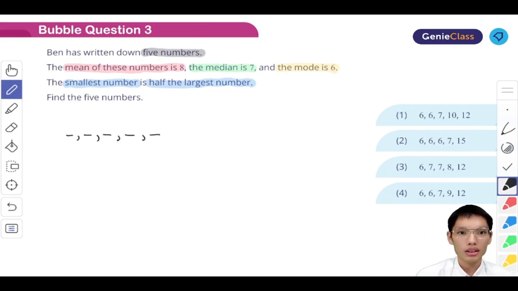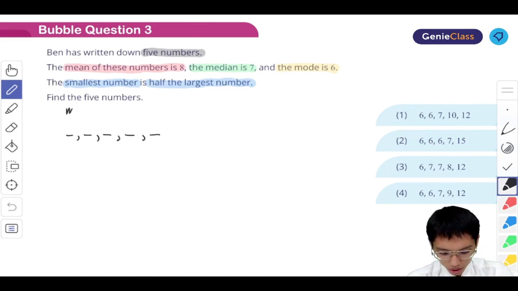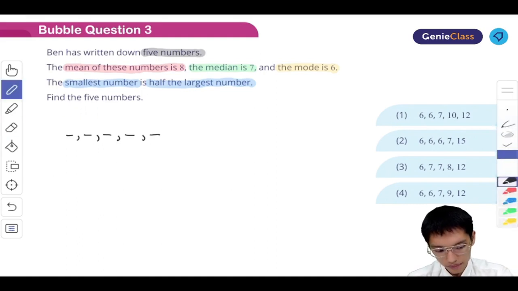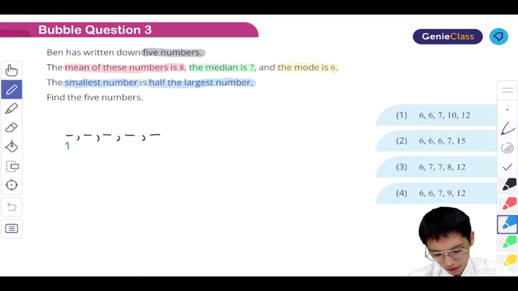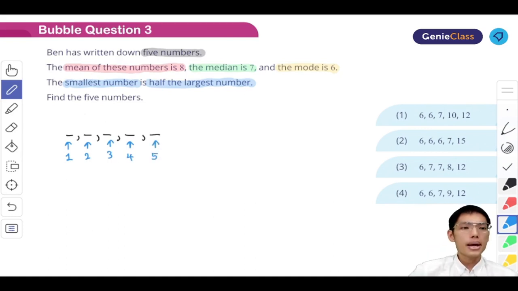Okay, the mode. Based on the mode, let me get some responses. Let me not write median. Sorry, you said mode, right? Let me put the positions of the numbers: this is 1, this is 2, this is 3, this is 4, and this is 5. Based on what you said, Denise, since you said the mode, you can decipher the data based on the mode.